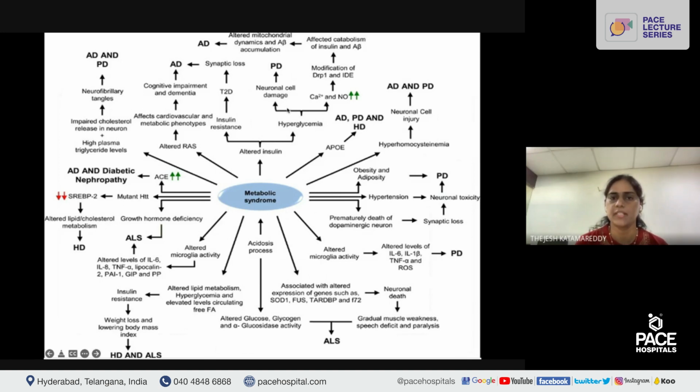Hyperglycemia is leading to impairment in calcium and nitric oxide, and modification of proteins like TRP1 and IDE, which will affect the catabolism of insulin and amyloid beta, thereby changing the dynamics of these proteins and leading to the accumulation of these products in Alzheimer's disease. Likewise, in insulin resistance and type 2 diabetes, there is synaptic loss, which is leading to Alzheimer's disease.